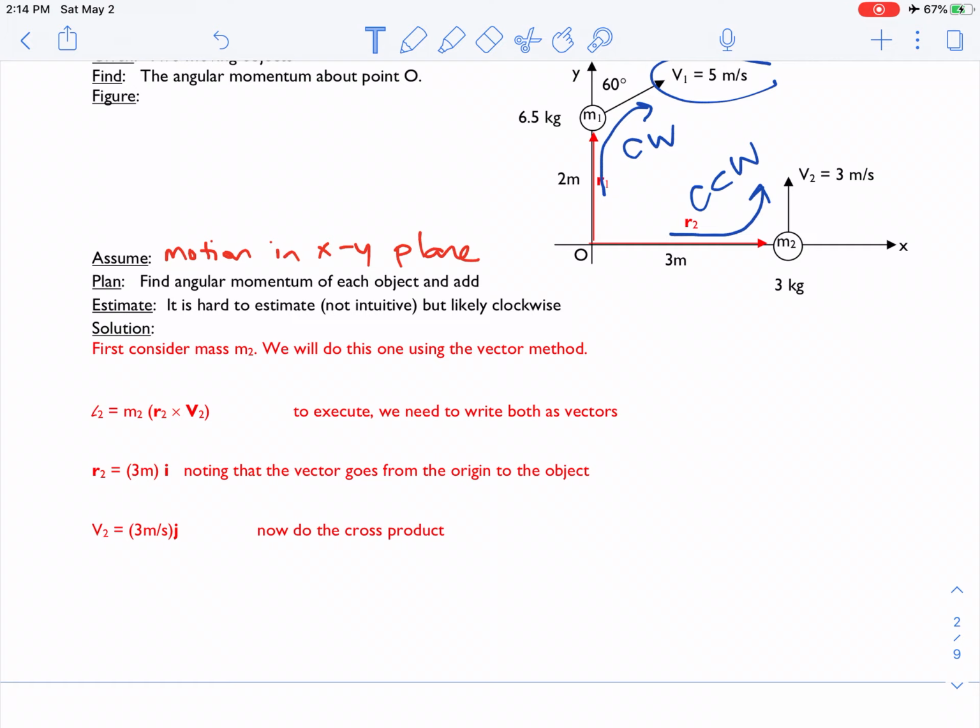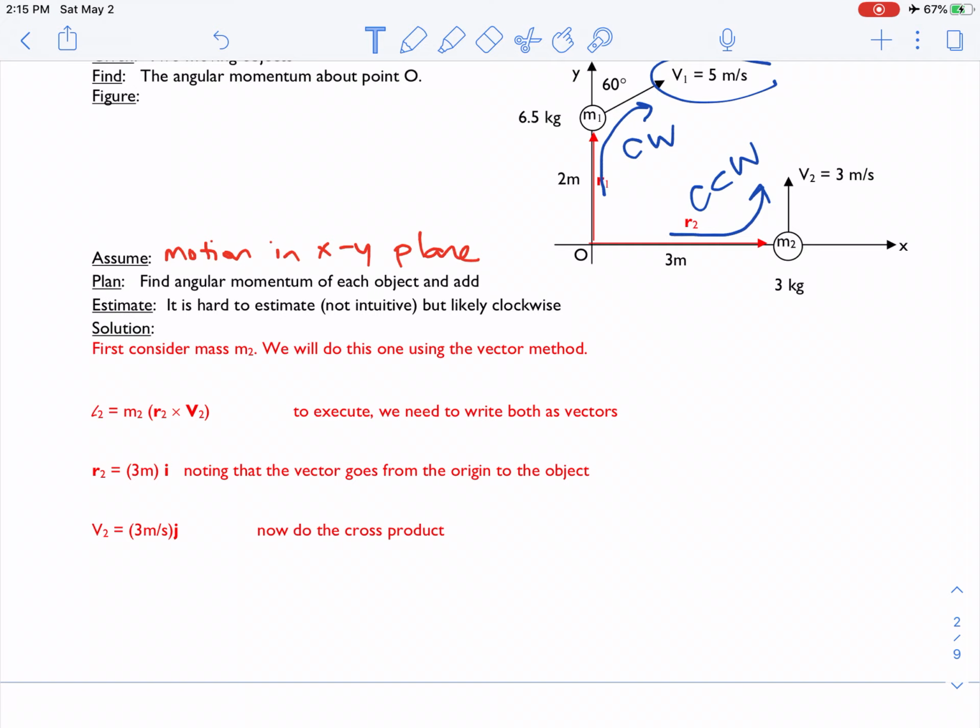In the equation sheet, one way is the determinant: you write the vectors in unit vectors, do the determinant, and solve, or plug into the equation given. The other is using the magnitudes and finding the angle between them. Either way, the result is a vector, and that's the angular momentum in this case. So it's good practice.